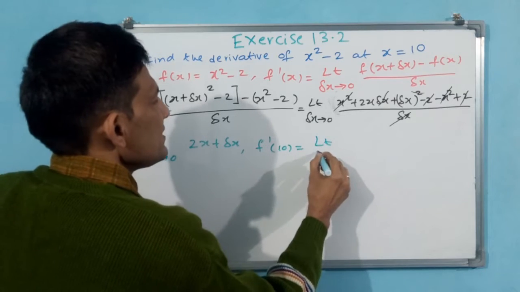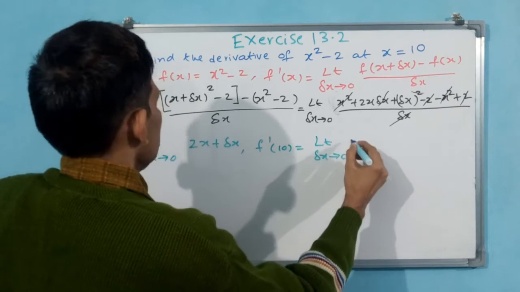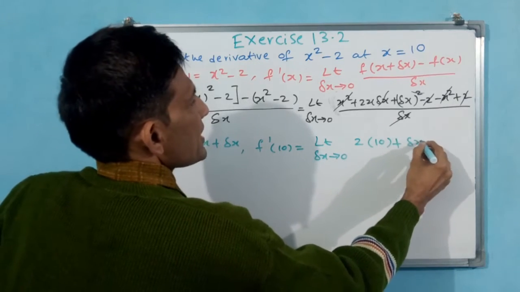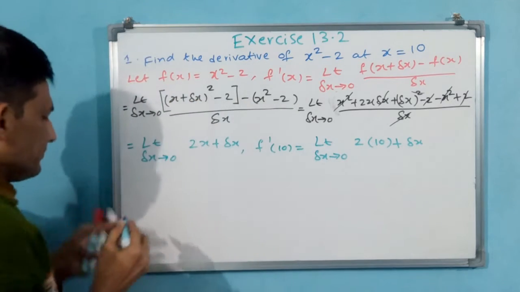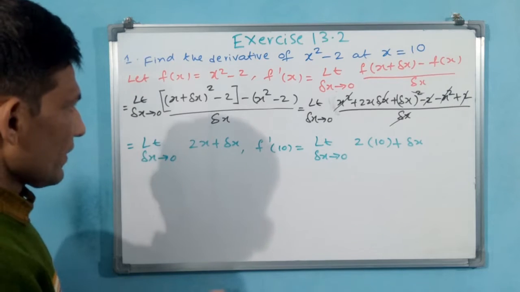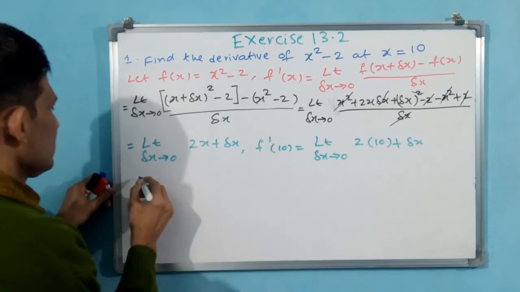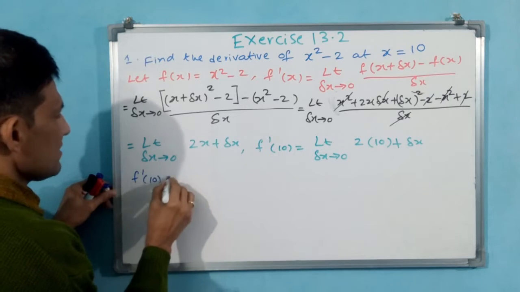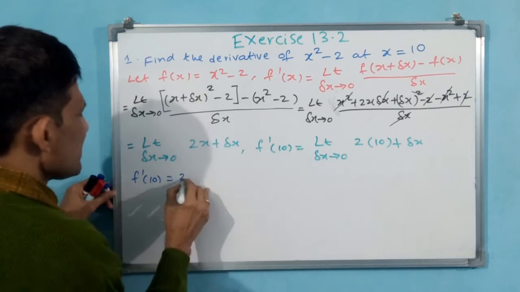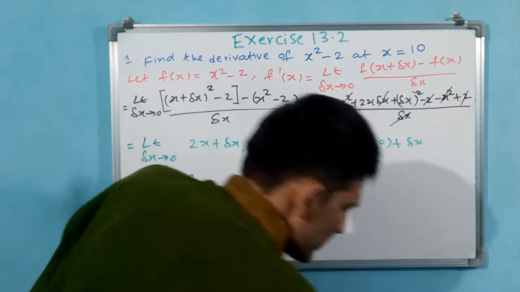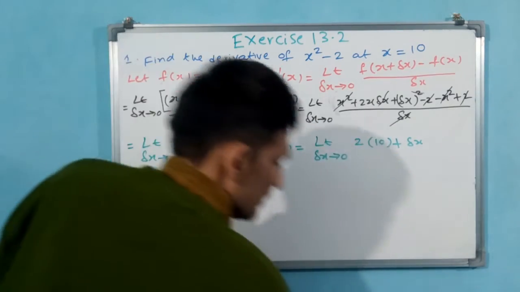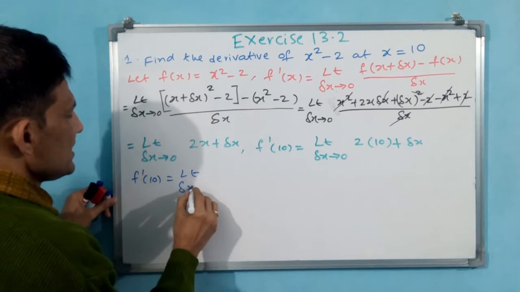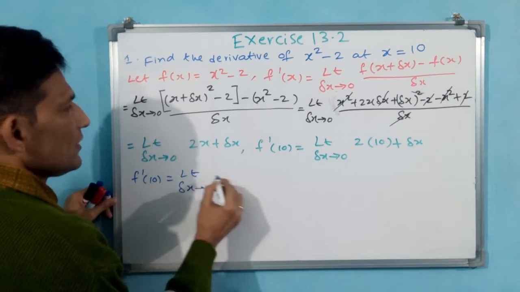Same limit delta x tends to 0, 2 into 10 plus delta x. Okay, write down now again. That means f dash 10 is equal to 20 plus delta x. Limit is there. Limit also we have to write. Limit we have not yet applied. Limit delta x tends to 0.